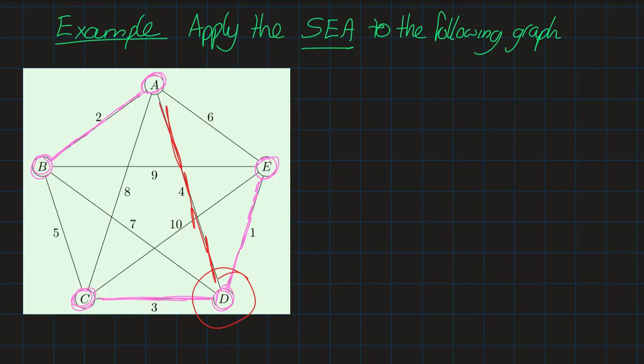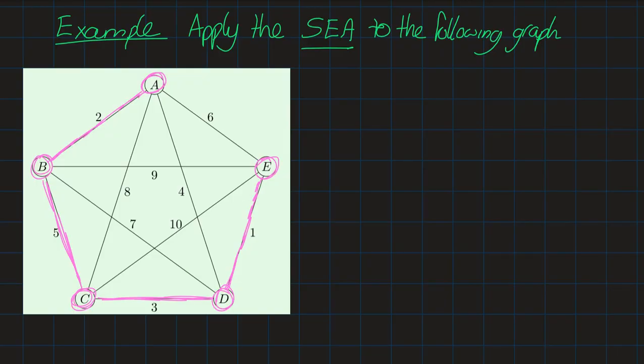If I add this red edge to that, then it has too many edges. So even though 4 is the next smallest number, it's not a permissible edge, so I don't add it. So I'm not allowed 4. How about 5? 5 is the next smallest number, and yeah, there's nothing wrong with 5. 5 I can add just like that.